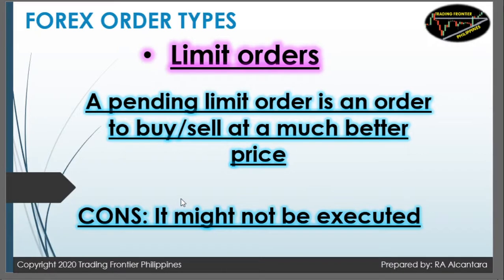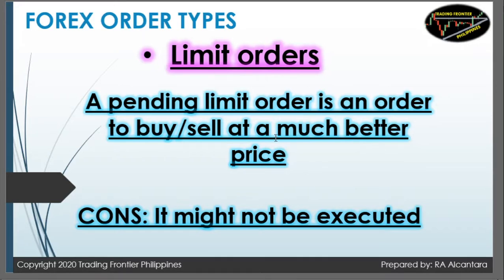So again, the con of using limit orders is that there are times that the price level where you place your order might not be hit by the price, meaning you're not able to enter at that specific price level, or you cannot be involved in the trade, right?